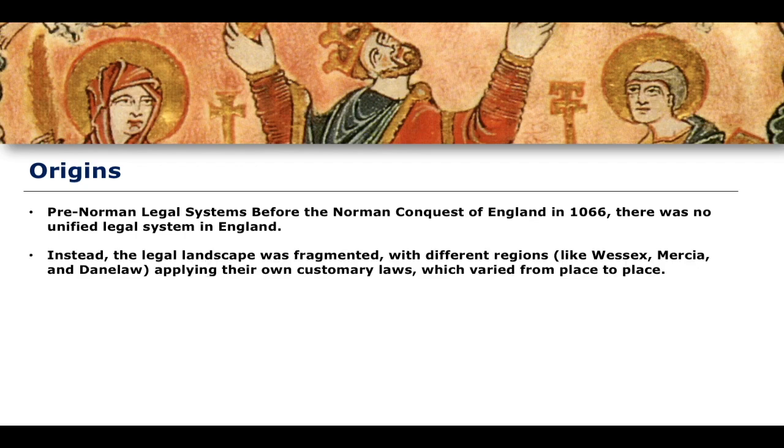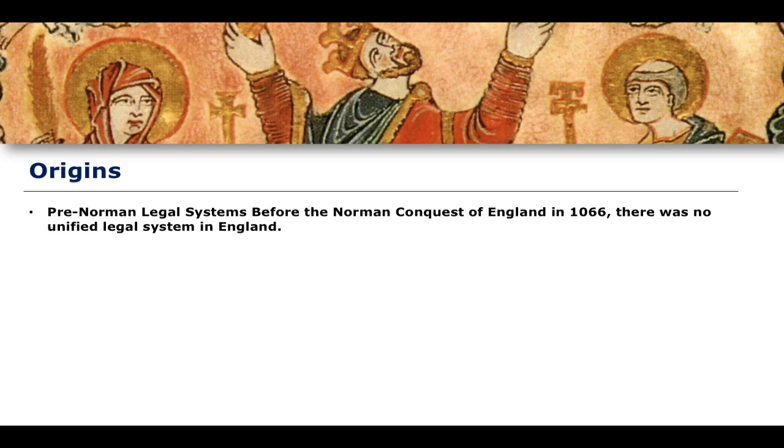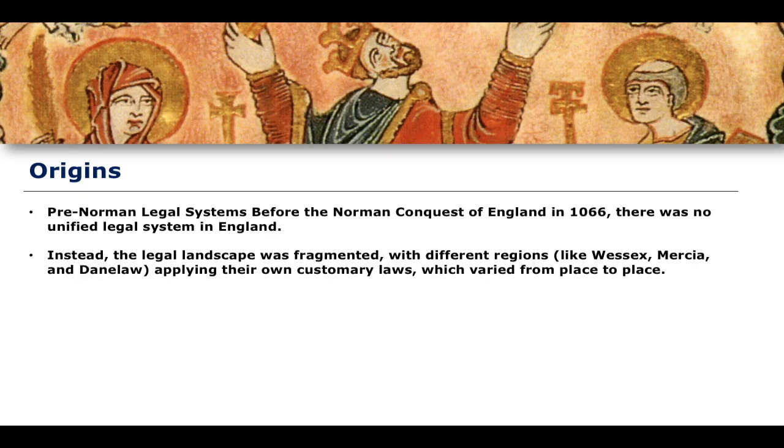You also see the development of the common law under Henry II. You obviously have the Magna Carta. You then have the Tudor dynasty, like I've said, and then the Glorious Revolution. All of these are major inflection points that see the legal system shift and go one way or another.